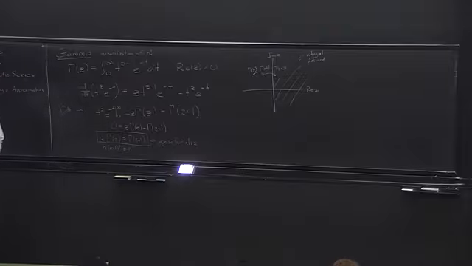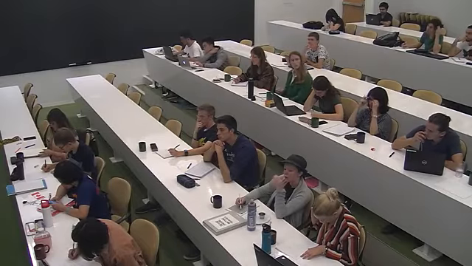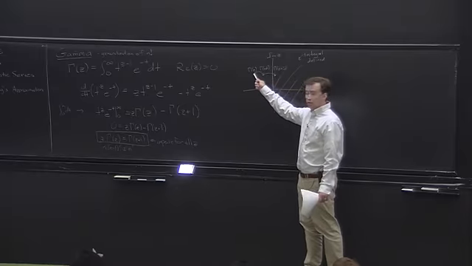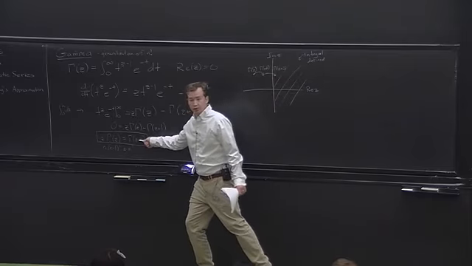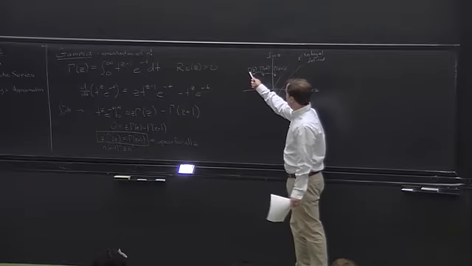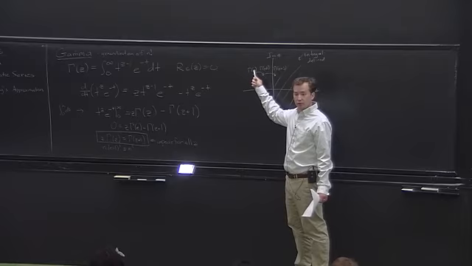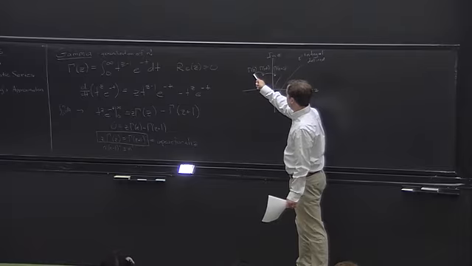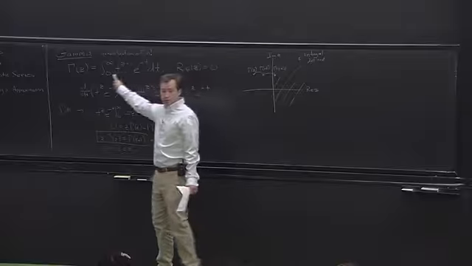Yes? Shown through this diagram, I don't get that. So this diagram shows us how we can use the functional equation to make sense of gamma of z when the real part of z is negative. Suppose gamma of z has negative real part, this integral doesn't converge.